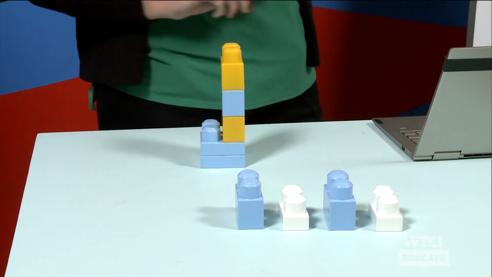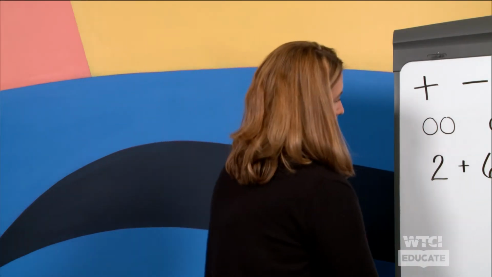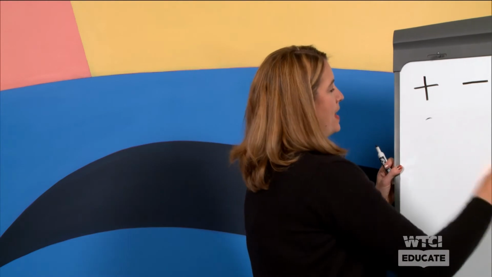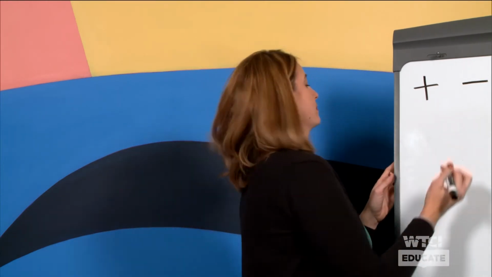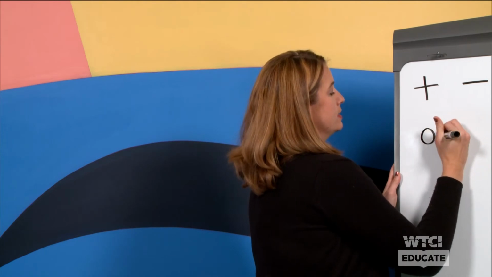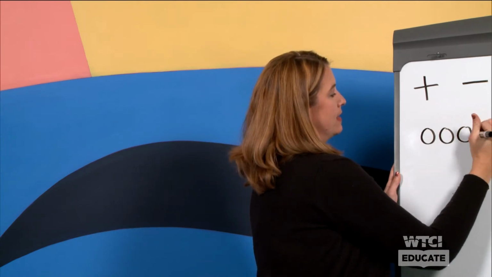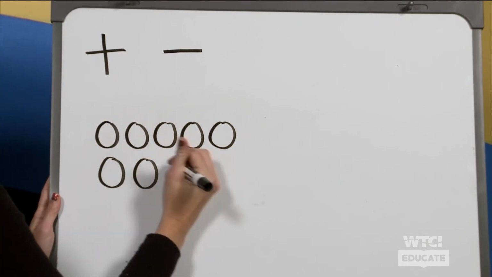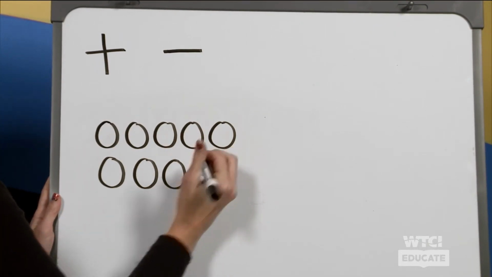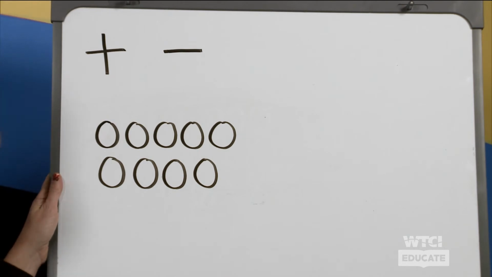Let's represent with a picture. All right, I have 9 Legos in my tower. 1, 2, 3, 4, 5, 6, 7, 8, 9. Then what happened?